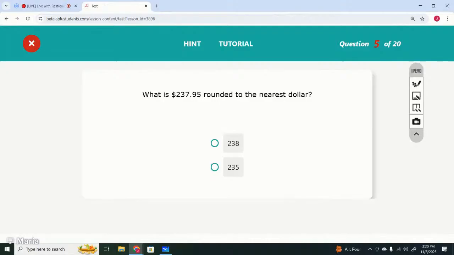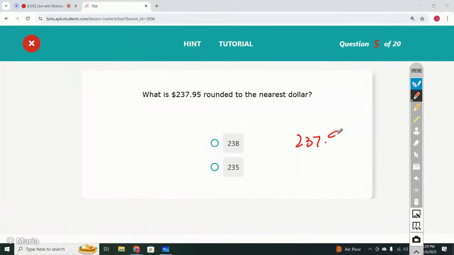What is $237.95 rounded to the nearest dollar? So you need to round it to the nearest dollar. 237.95. 7 it is, and the digit that is at the tenths position is 9. 9 is greater than 5.